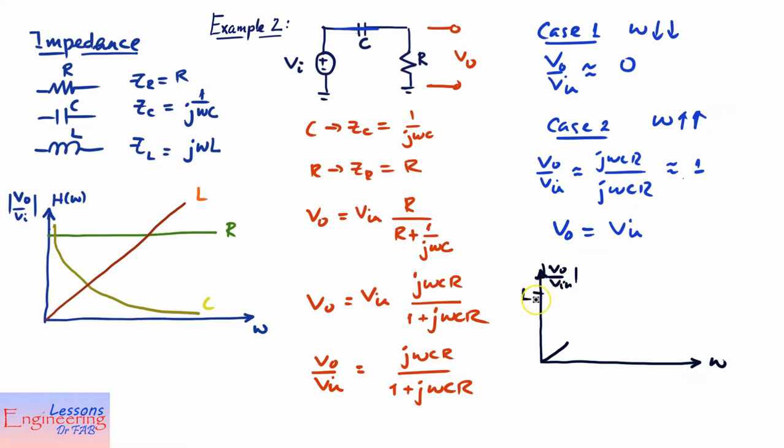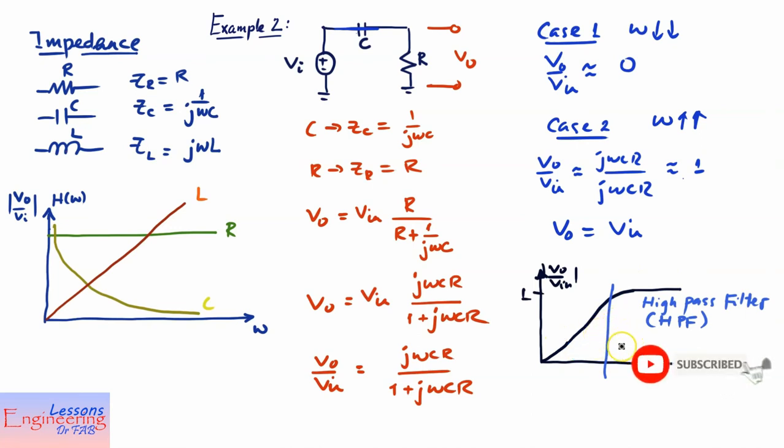So high frequency, 1. Connect this like this. So as frequency increases, that's how the curve unfolds. So this is also one type of high pass filter. You can see that low frequencies are being attenuated, but it's passing high frequency signals.